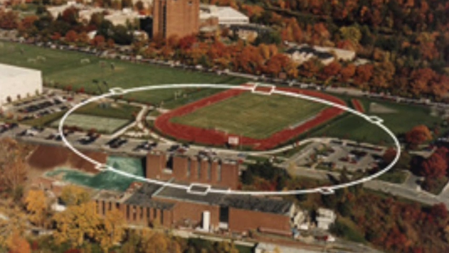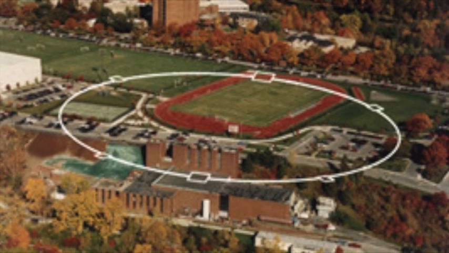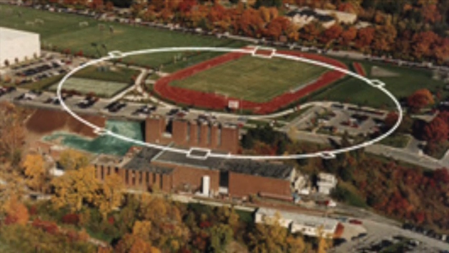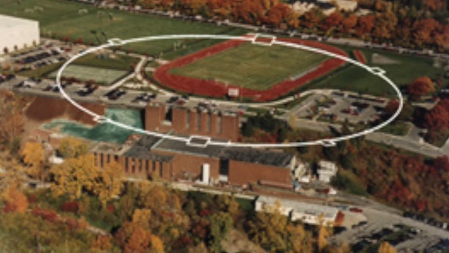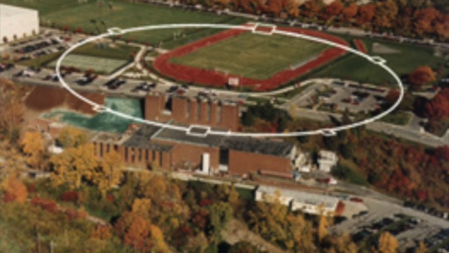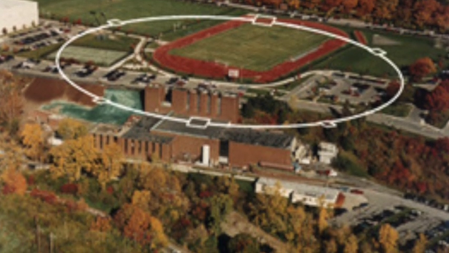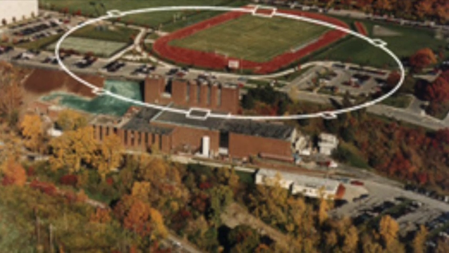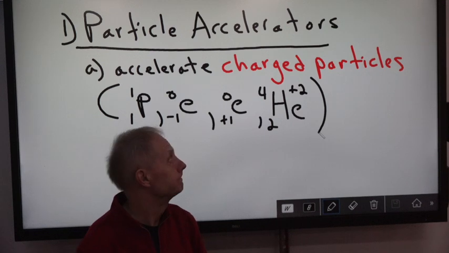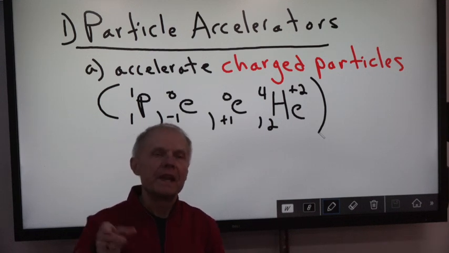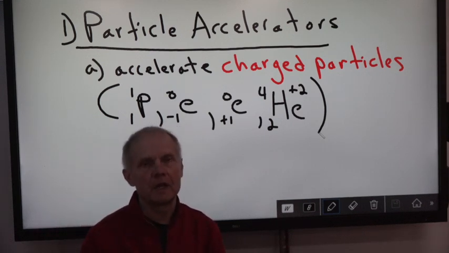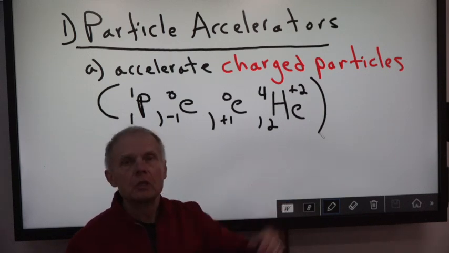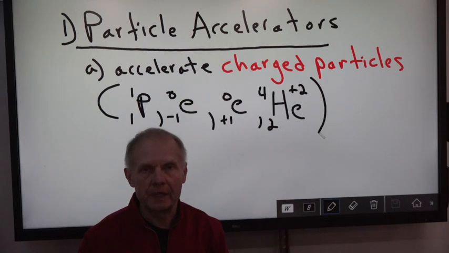And it is an electron-positron collider. And that's what makes some of the subatomic particles go round and round and round until they hit a stable isotope and smash its nucleus and make an unstable radioisotope. Pretty cool. Now, they have circular ones called cyclotrons, and they also have straight ones called linear accelerators.